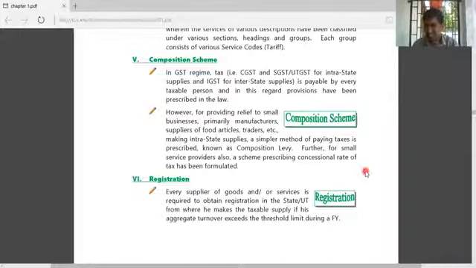So there are some benefits given to the composition scheme. For providing relief to small businessmen, primarily manufacturers, suppliers of food articles, traders, etc., making intrastate supplies, a similar method of paying tax is prescribed, known as composition levy. A detailed chapter is coming on this, so this is just an introduction.